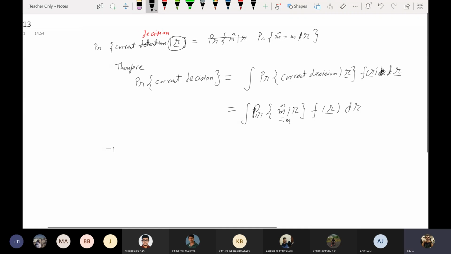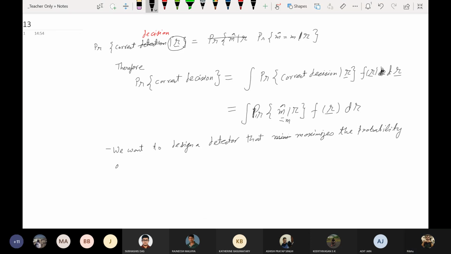So now we want to design a detector that maximizes the probability of correct detection, or minimizes the probability of error. Sir, we have a function f of r vector, and while integrating we are doing it with respect to dr. Okay.